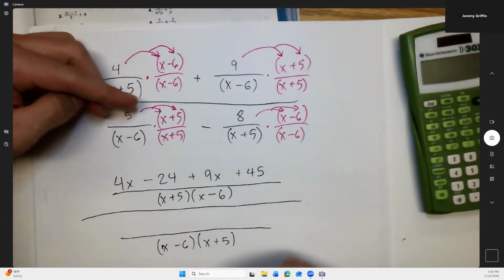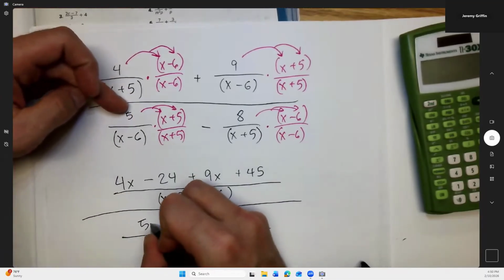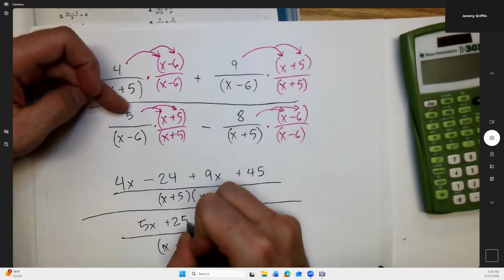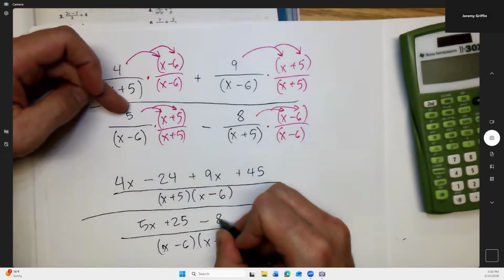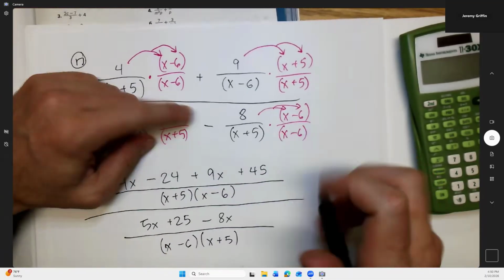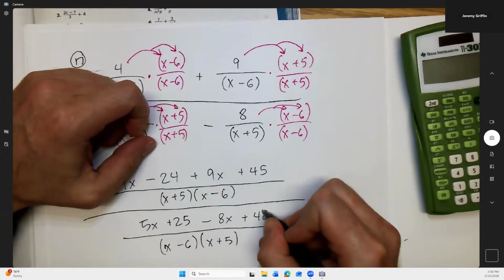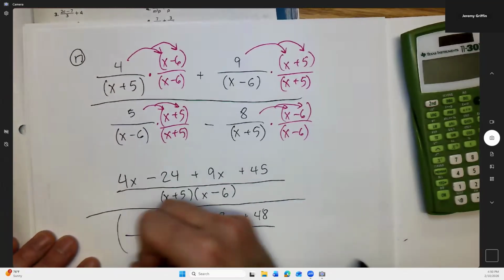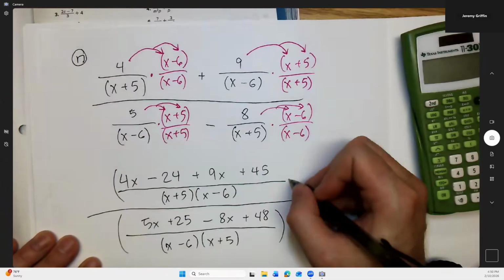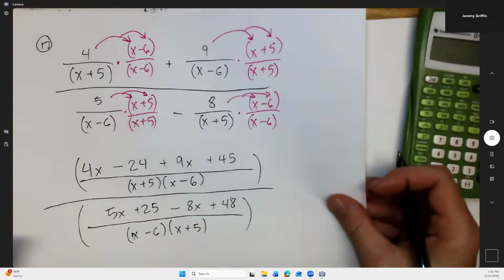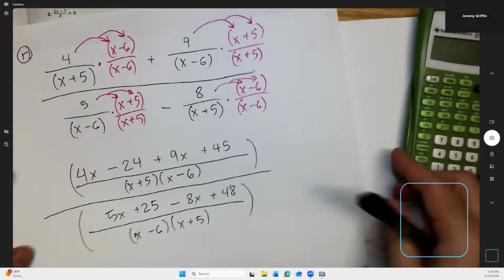But here we got 5x plus 25 minus 8x. And then two negatives make a positive, that's plus 48. Fractions within fractions. So I'm going to take this bottom fraction, flip and multiply it.